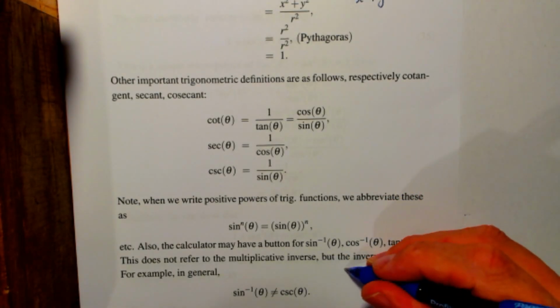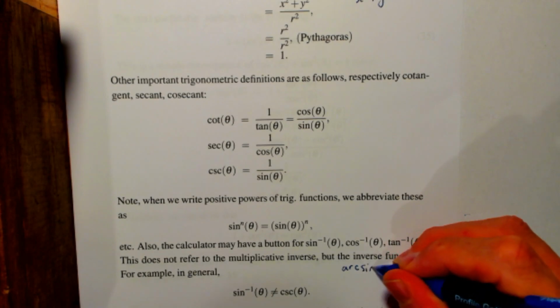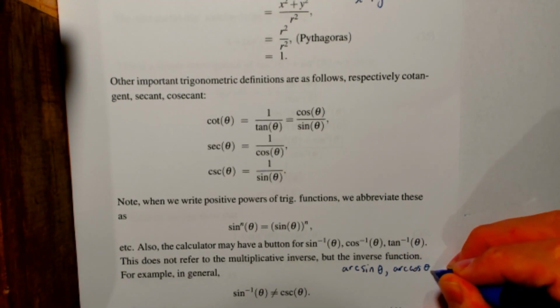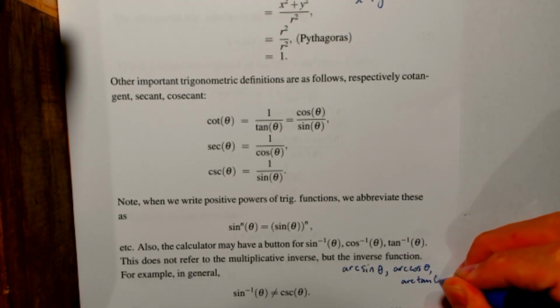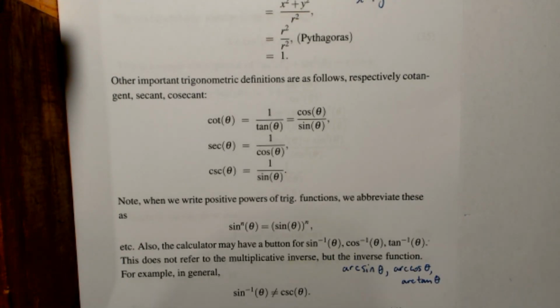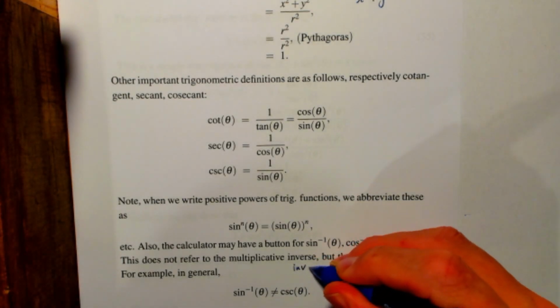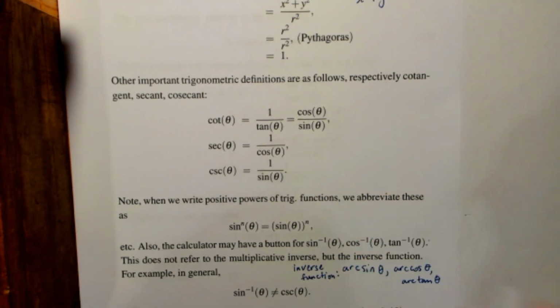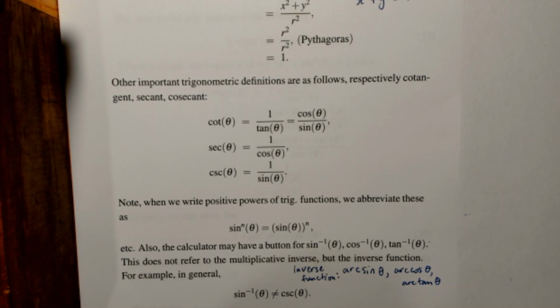Otherwise, we can call these arc sine theta, arc cos of theta, and arc tan of theta, respectively, for the inverse function. So in general we don't have these being equal, because the one on the left refers to the inverse function, and the one on the right refers to the multiplicative inverse of the function.